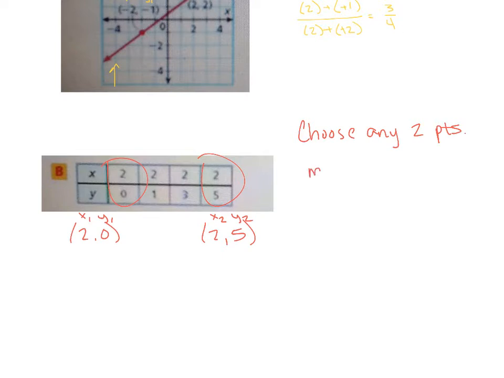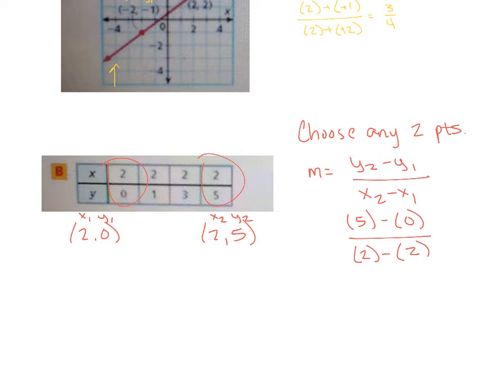So we have m equals y2 minus y1 over x2 minus x1. y2 is 5 minus 0 over x2 is 2 minus 2. So 5 minus 0 is 5. 2 minus 2 is 0.